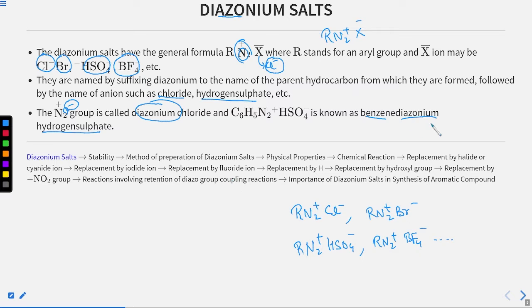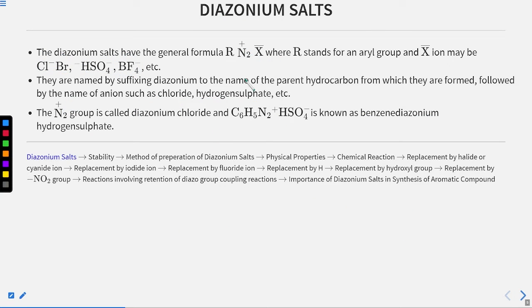If I am saying benzene diazonium salt, then we will have a benzene ring like this, meaning R will be equal to benzene. But if I am simply saying diazonium, it does not mean that it will always involve benzene. So the definition should be quite clear in your mind. If I am saying diazonium salt, we will have the general formula RN2 plus X minus, where X minus can be species like Cl minus, Br minus, HSO4 minus, BF4 minus, and so on.